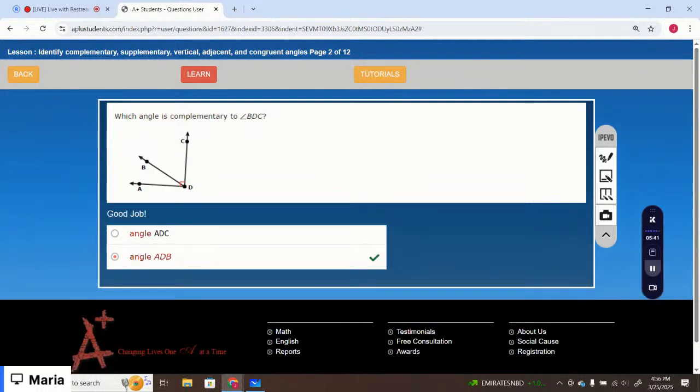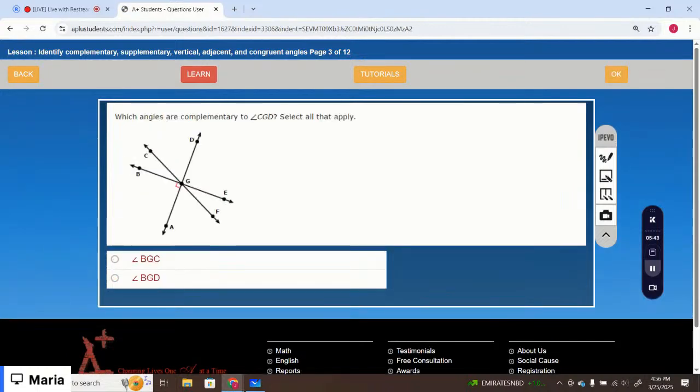Okay, the next one is: which angles are complementary to angle CGD? Complementary angles are the angles that measure to 90 degrees, right?